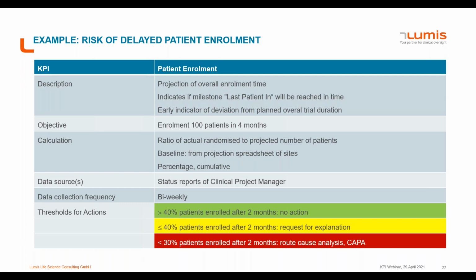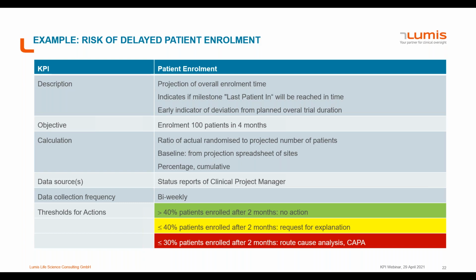Thresholds for action are very useful if they are also displayed in a traffic light system with green, yellow, and red, as displayed here in the slide. And for this example, we've chosen 2 thresholds. One is 40%, one is 30%. And here, for example, if after 2 months, more than 40% of patients have been enrolled, there is no action required.